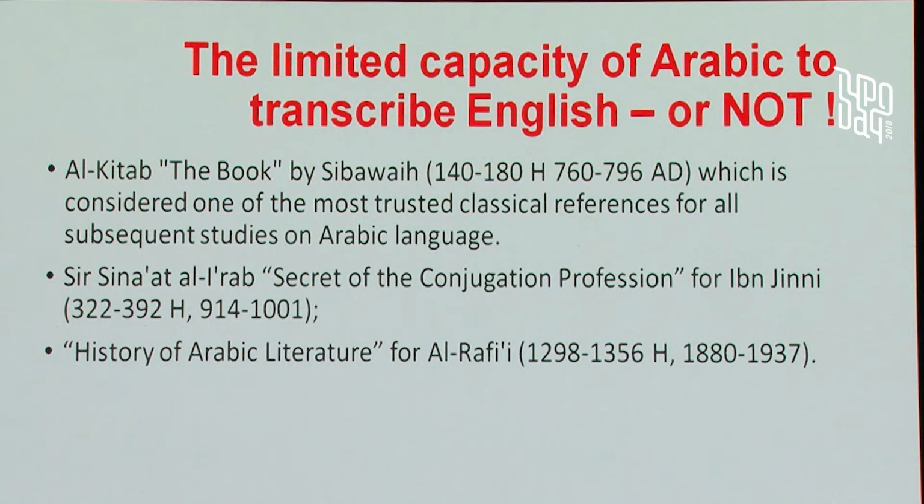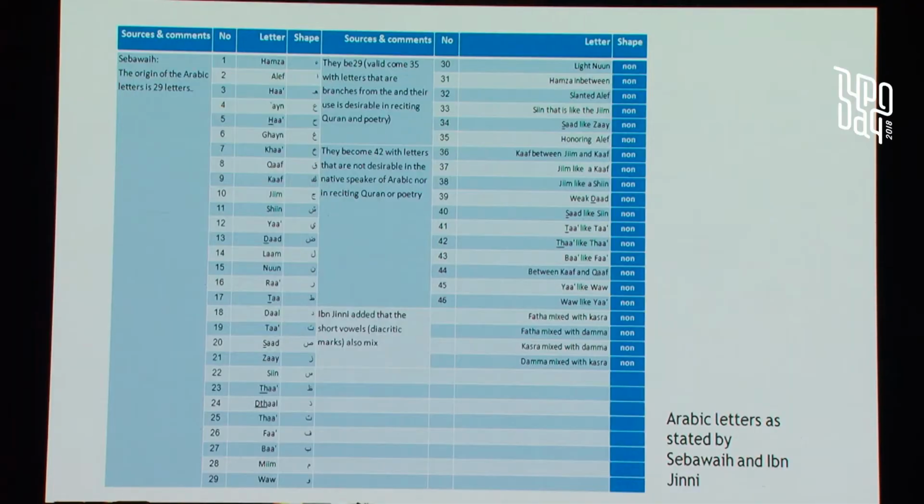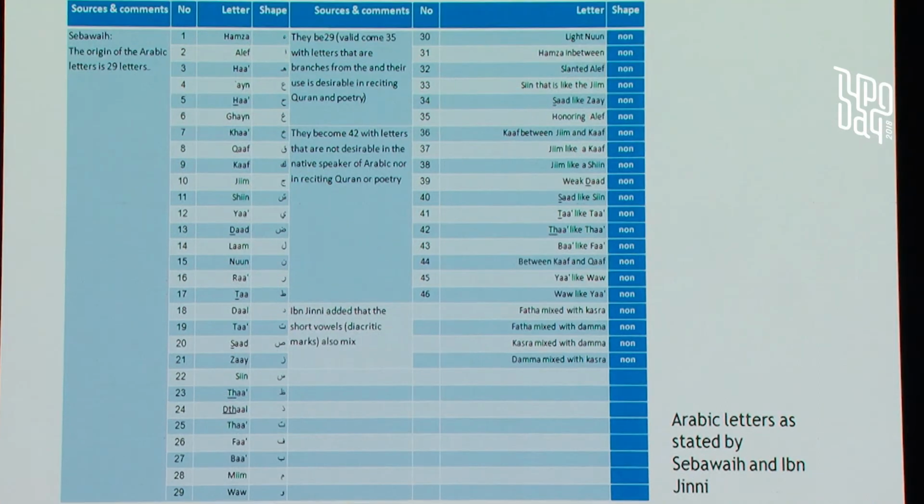Although we have the current situation which I explained to you about Arabic letters, surprisingly, when you open one of the oldest books about Arabic besides the Quran, which is Al-Kitab by Sibawayh, a famous writer of the 8th century, the basic reference in Arabic language, and later Ibn Jinni, another writer, and even later writers, we find them saying that the origin of the Arabic letters is 29 letters.